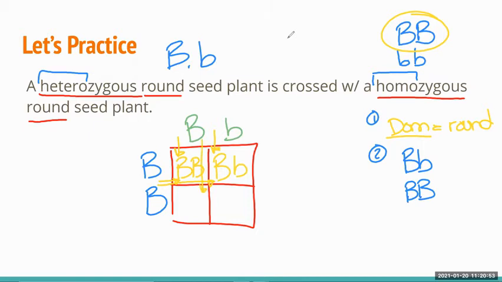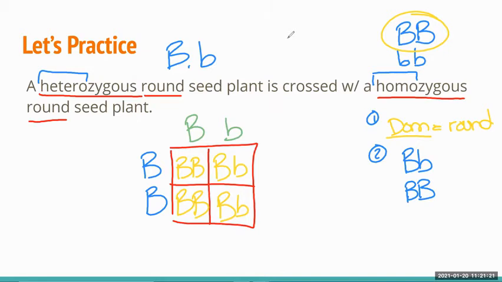Big B will be brought down. Little b will be brought over. Little b will be dropped down, and big B will be brought over. So then, by the time we are done with our Punnett square, these are our babies. So all the ones in yellow in the boxes are our 4 individual babies.